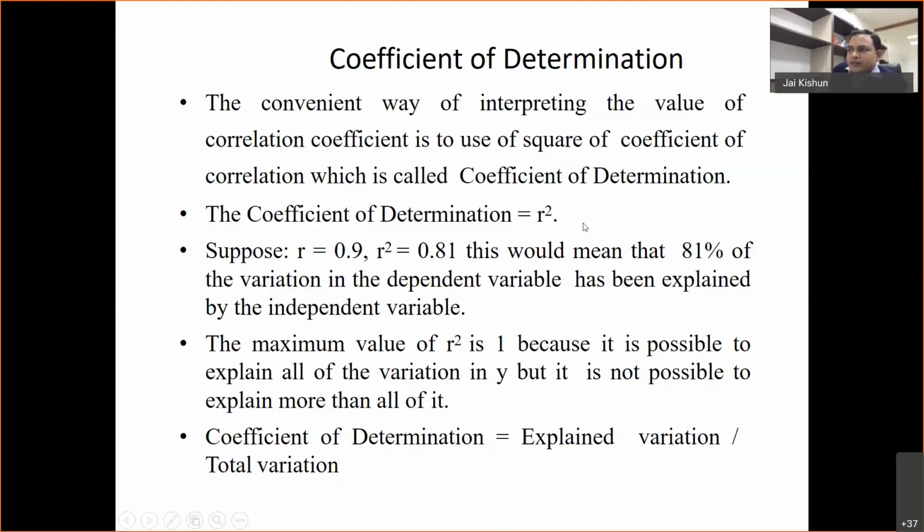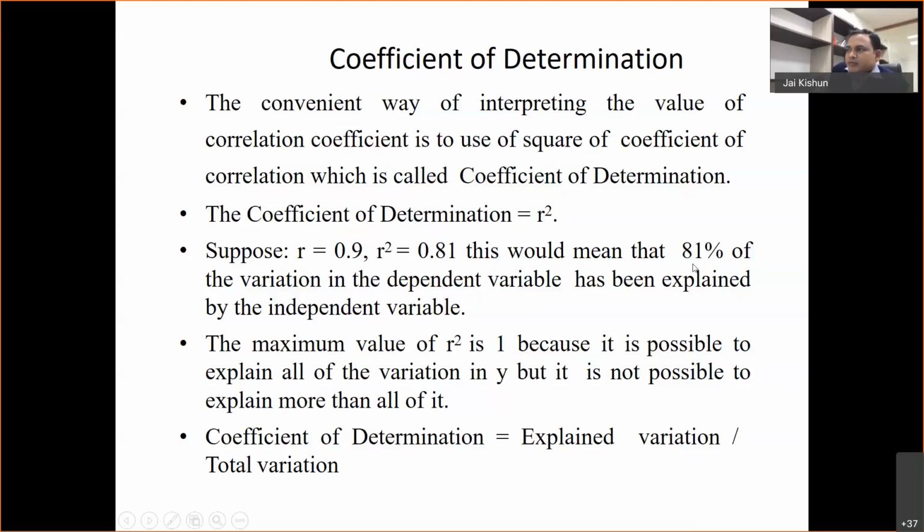And what does the coefficient of determination actually give? It gives how much variation is explained in the dependent variable by the independent variable. For example, if R is 0.9, then taking R square we get 0.81.